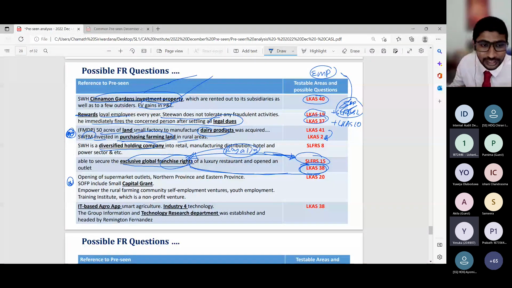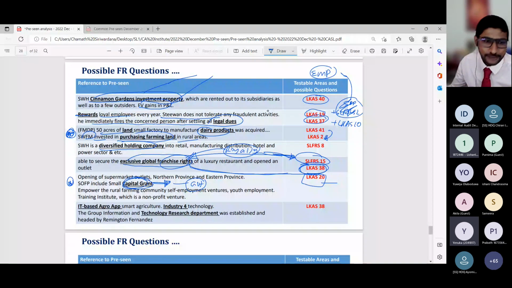And more or less, in the balance sheet, there is a capital grant amount included, right? This grant might be received from the government, maybe for the establishment of a factory or something. So in that case, students, LKS 20, the government grant, can be tested. And this is one of the standards which has not been tested in the SL1 paper. And there's a possibility to test government grants in this particular scenario, right?